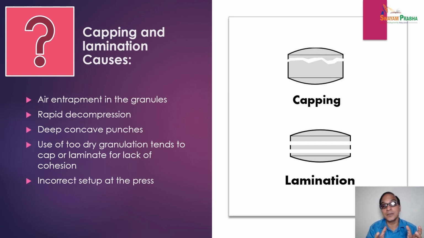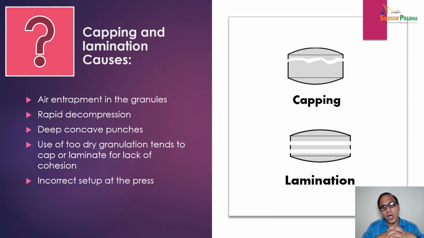Deep concave punches, when they compress the tablet, the uneven force may lead to capping and lamination, because in the center the major force is there, while on the sides less force is there. So the uneven force applied may be responsible for capping and lamination.